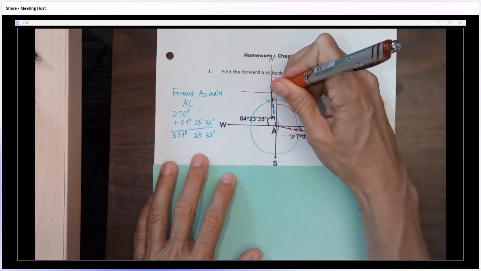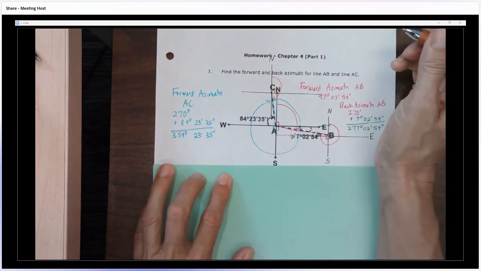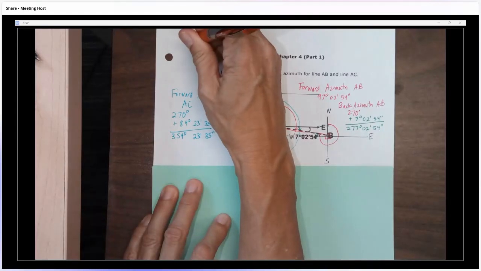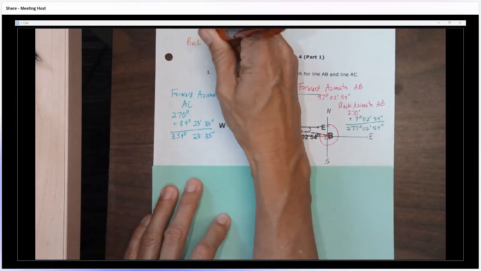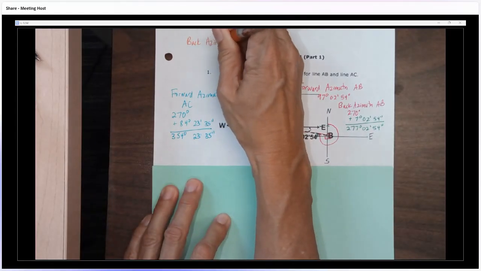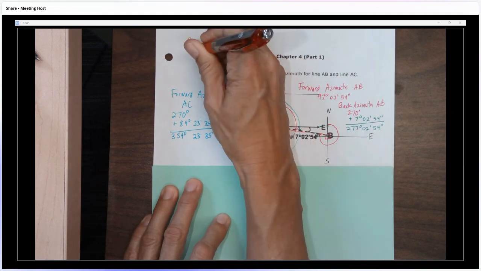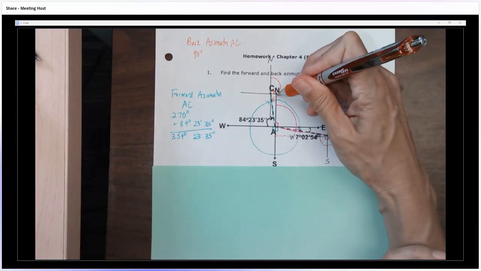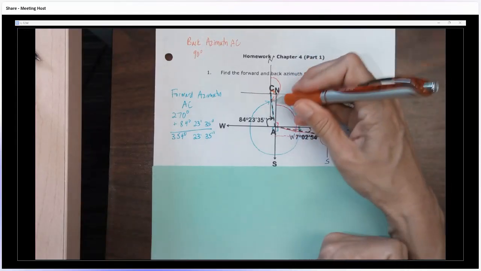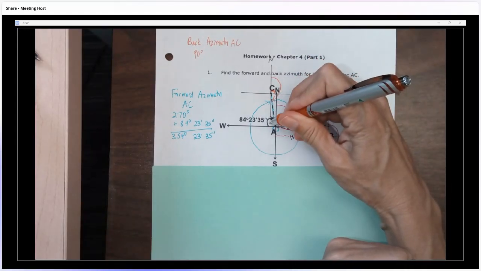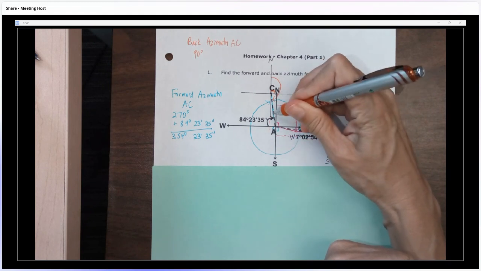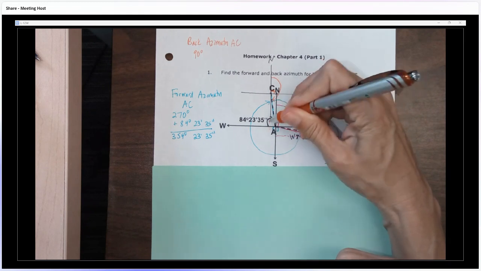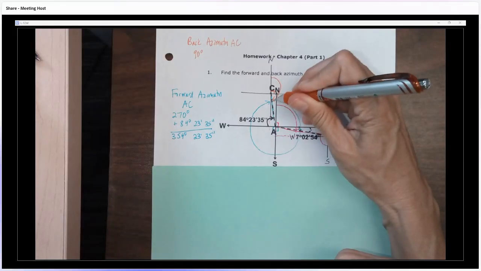And we can see we've got the 90 degrees to start off for that back azimuth AC. Write that up here. So we'll start off with a 90 degrees, but then we also have a little bit more here that's coming in. And again, we can complete our rectangle that we're making here, and see that we've got those alternate interior angles.